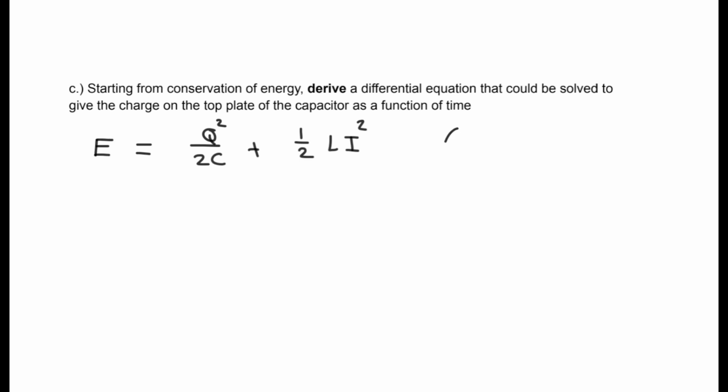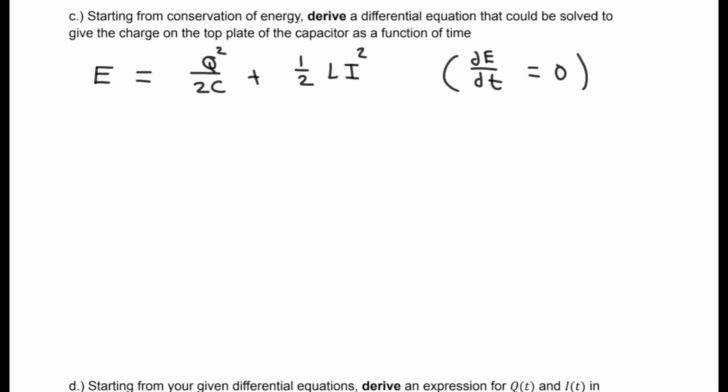So what this means is that the derivative with respect to time of this total energy must always be equal to 0, because the total energy can't be changing, although each of the individual energies certainly will. They just have to trade to equal this same constant. So 0 would be equal to the derivative of this whole thing.